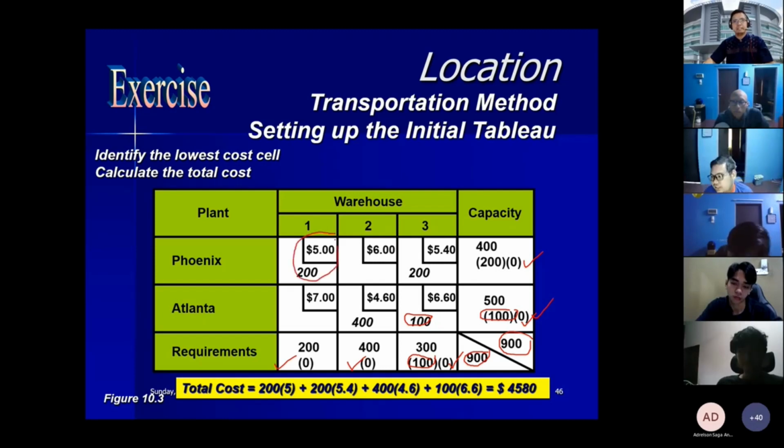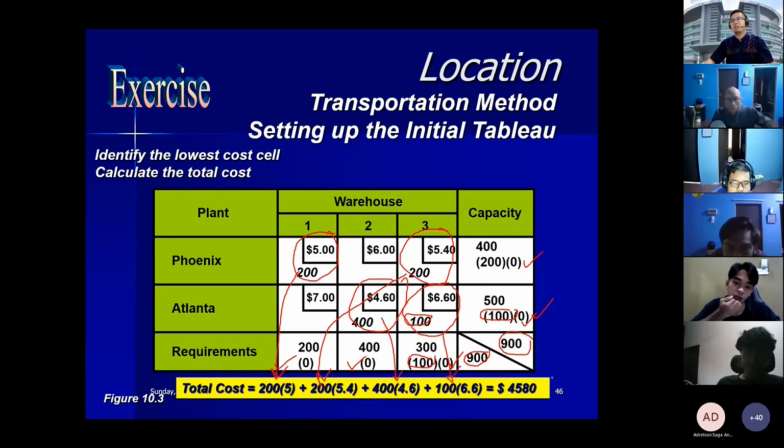Please insert all these values in order to calculate the total cost. Put it here: 200 units times 5 ringgit, for example, plus 200 times 5 ringgit 40 cents, plus 400 times 4 ringgit 60 cents, plus 100 times 6 ringgit 60 cents.